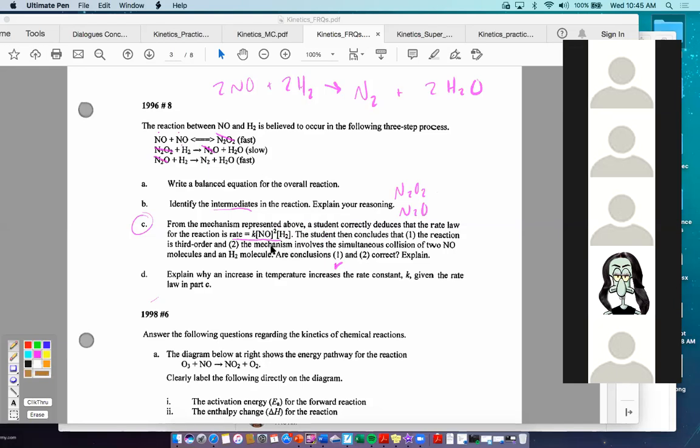Is that a good conclusion? Ms. McGill, what do you think? Do you think this is a good conclusion or not? Conclusion 2.